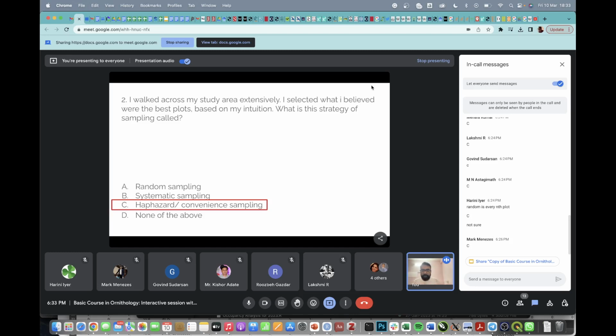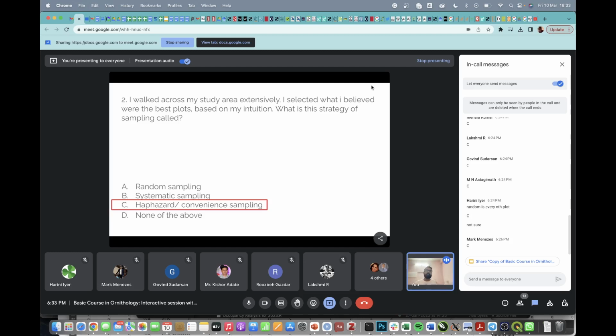You can make the number generator in such a way that none of the edge plots are taken, so all the plots would be slightly away from the edge. You can also put in numbers so that you have a minimum distance between each of the plots. You can say that each plot should be at least 100 meters away from each other.